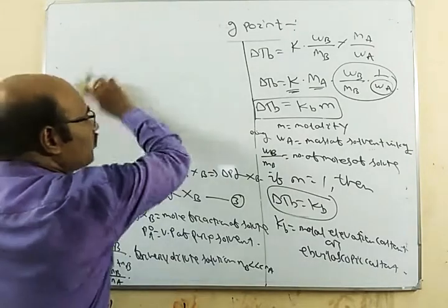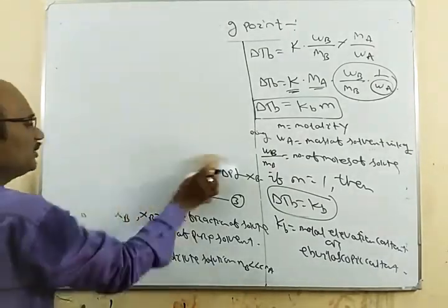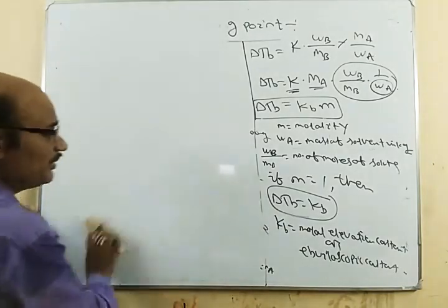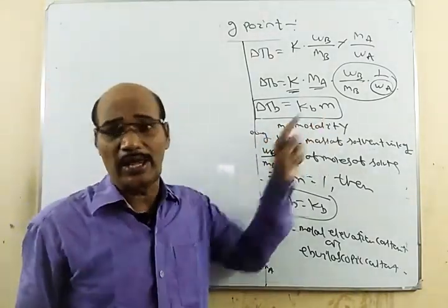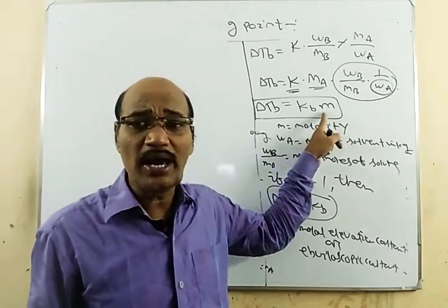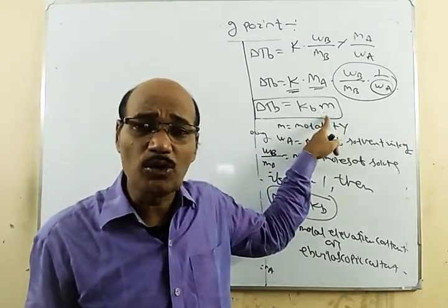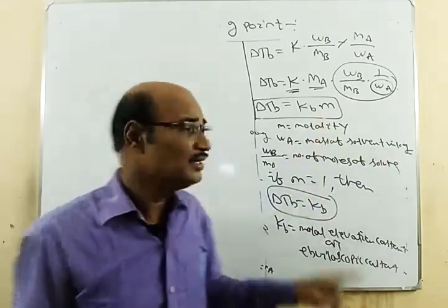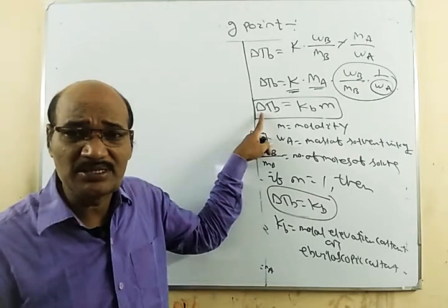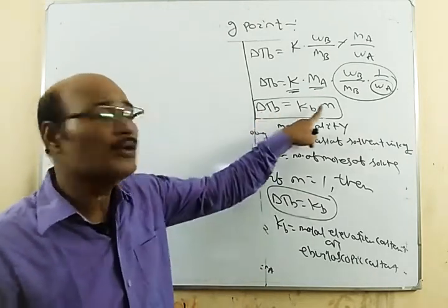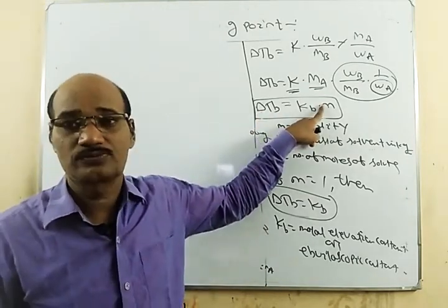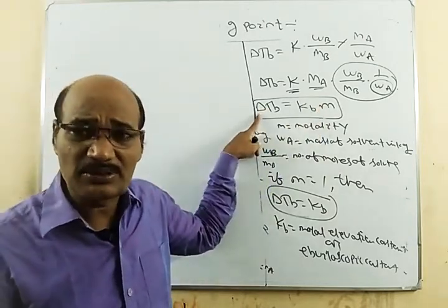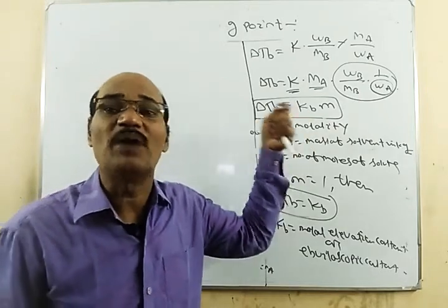Clear? Now from this we can calculate the molecular mass of solute. Here you see delta TB equals Kb into m, and m is molality, that means the number of moles of solute per kg of solvent. That means the elevation in the boiling point delta TB depends upon the number of moles of solute, or you can say the number of solute particles.